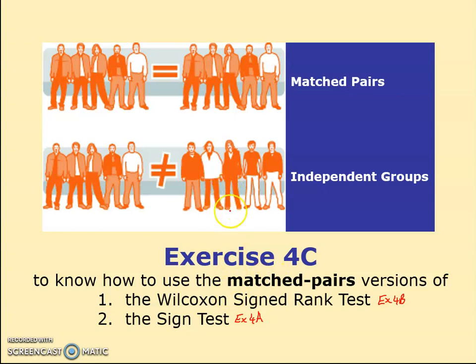Now, what we're doing here is when we get two sets of data, and we're comparing the two sets of data to see whether the two sets of data are equivalent. So it might be, for instance, we have a bunch of people that we give a test to. Perhaps they're learning the Chinese language, and they don't know much about Chinese at the start, and we give them a test and they get a score.